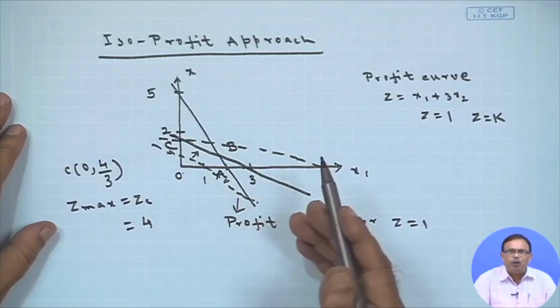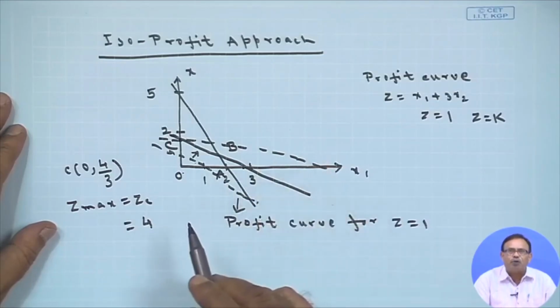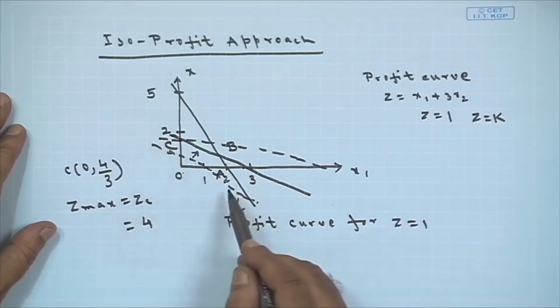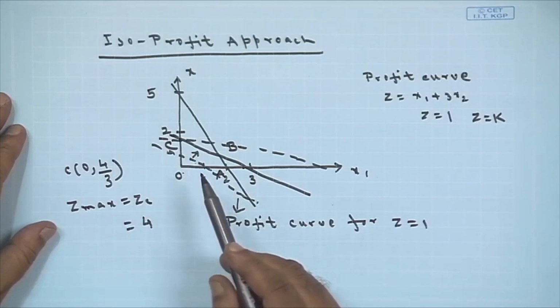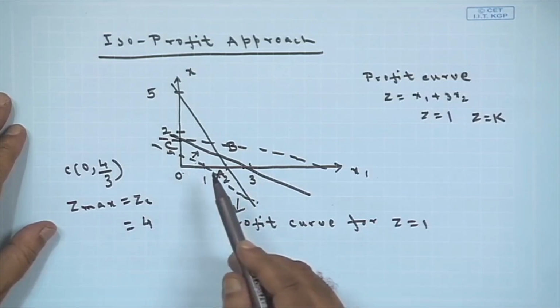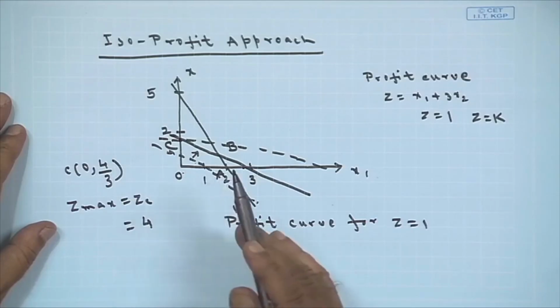Similarly, if you want to use the isocost approach, that is for a minimization problem, the profit curve should move towards 0. Please note this. For a maximization problem, the profit curve should move away from 0, whereas for a minimization problem it should move towards the origin, so that you can obtain the minimum value of z. So, I hope it is a little bit clear to you.